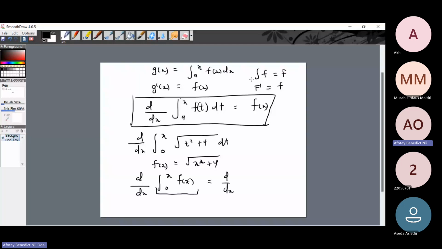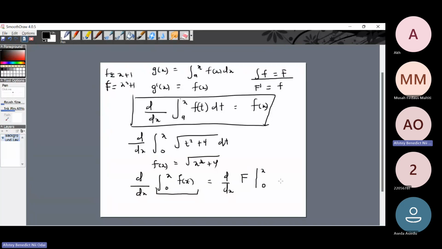Yesterday we saw that if f is x plus 1, then F would be x squared plus 1. They are both just functions, and it's very important we know that. So this integral gives us the bigger F, and we are still integrating on the interval from 0 to x.